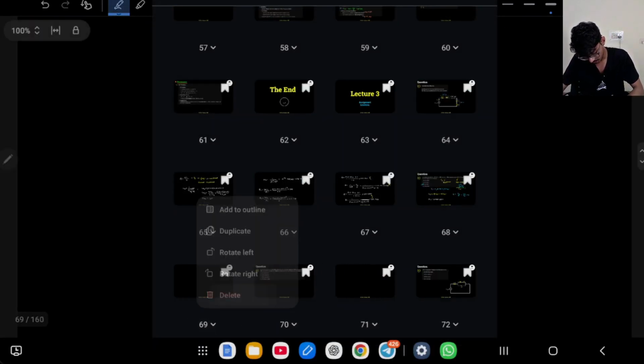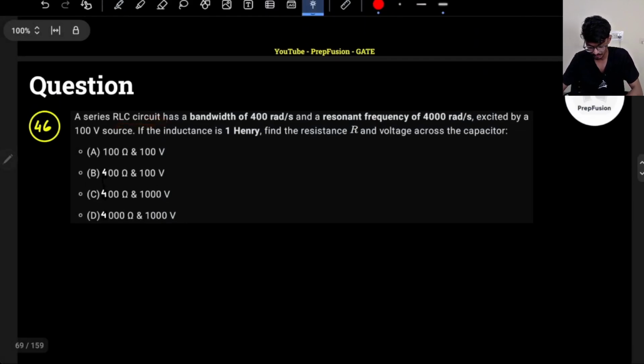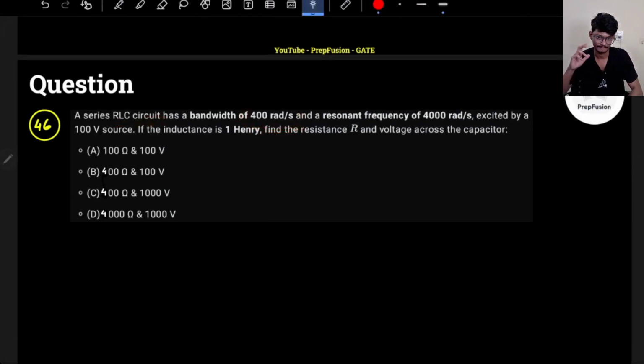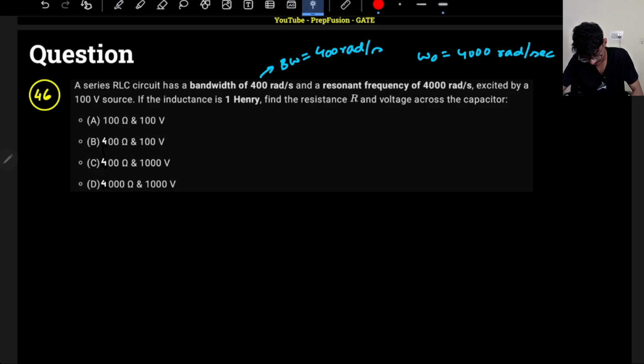So this question is very simple. A series RLC circuit has a bandwidth of 400 radian per second. Its resonance frequency is 4000 radian per second, and it is excited by a 100 volt source.